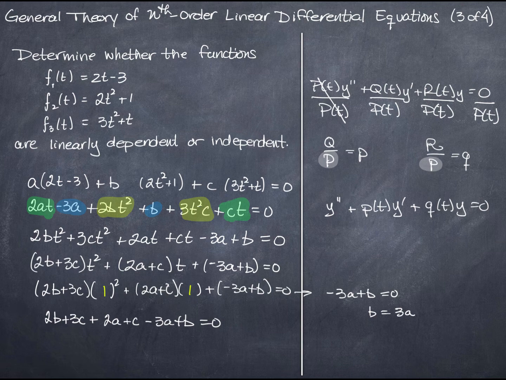Well, let's see, I've got A here and here, B there and there, and C there and there. So I have 2A minus 3A is negative A. B's are 2B plus B, I have plus 3B. And 3C plus C is 4C.